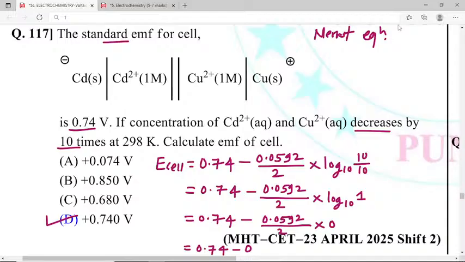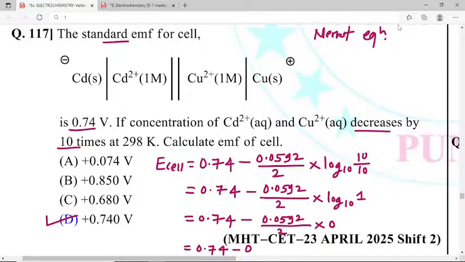So 10 by 10 is the value 1. Log 1 to the base 10 is the value 0, so it becomes 0, and 0 multiplied by any term is 0. Okay, please reply whether this is correct or not.